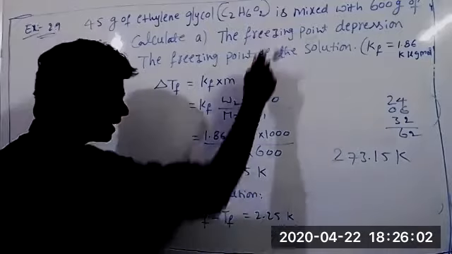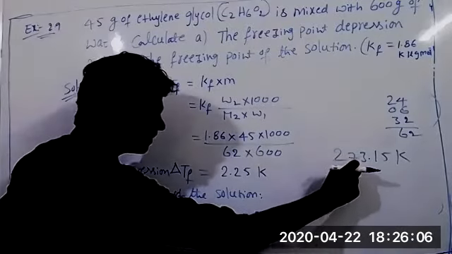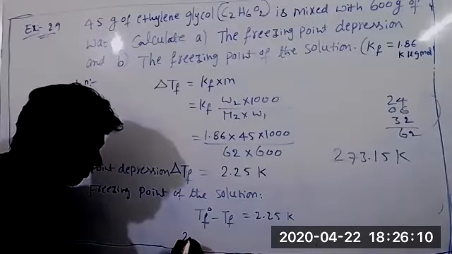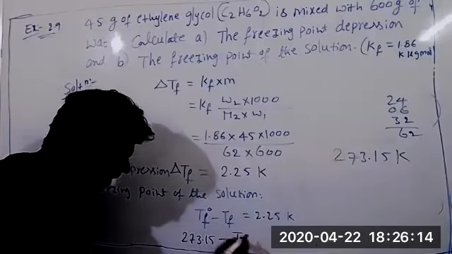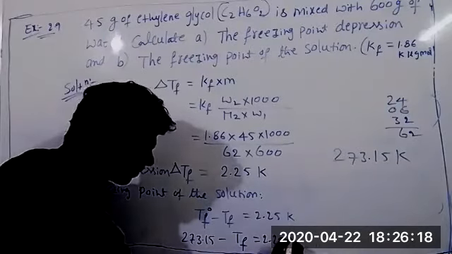To get that value, Tf0 we know. Pure solvent freezing point is 273.15 Kelvin, minus Tf. This is what we have to calculate, the solution freezing point, which is equal to 2.25.